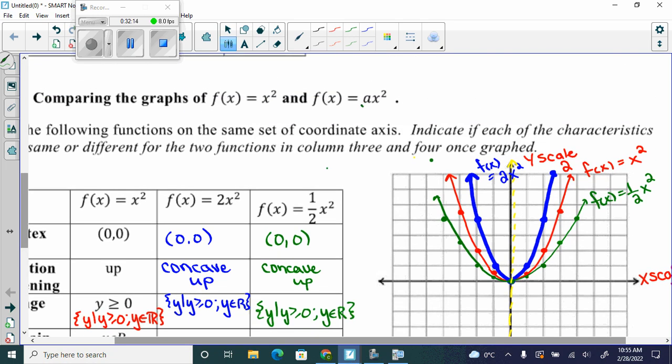Actually, go back to the a page. We'll summarize it up there. We're going to say if a is greater than 1, the graph gets narrower. And between 0 and 1, it gets wider.